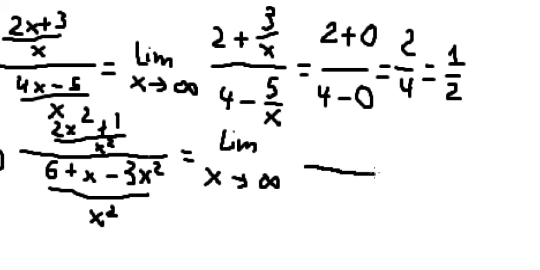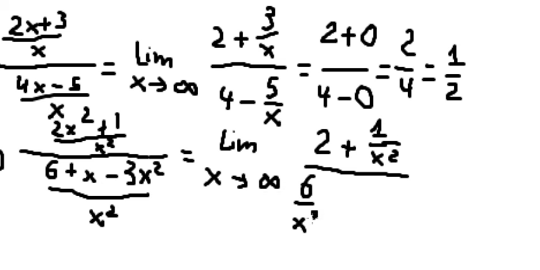So we will have 2 plus 1 over s squared. This one we have 6 over s squared plus 1 over s minus number 3.